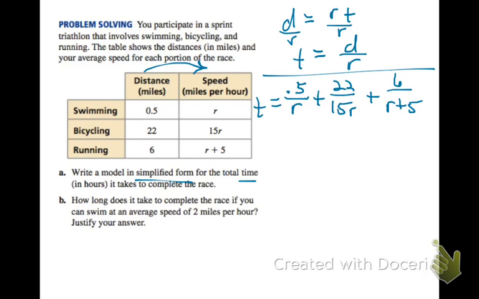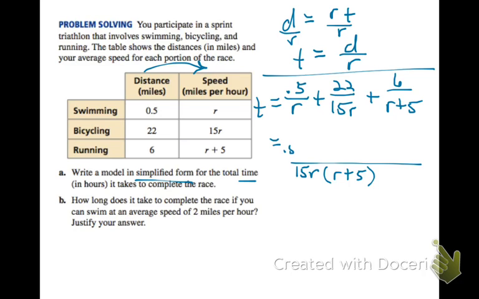Now in simplified form, of course, so they want us to combine that. So I'm going to create a common denominator of, I need R and a 15 and R plus 5. So now I'm going to adjust each numerator.